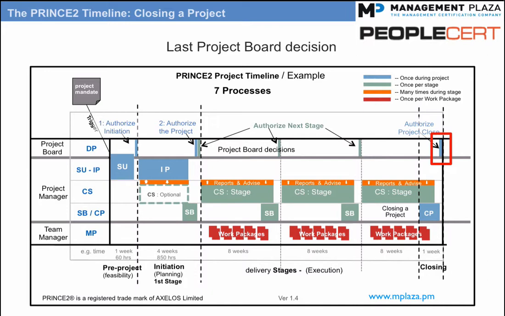They will confirm that the products have been accepted and signed off. They can check the lessons learned report and hand it over to somebody so it can be used for future projects. And if necessary, review the benefits review plan and compare expected benefits with actuals.